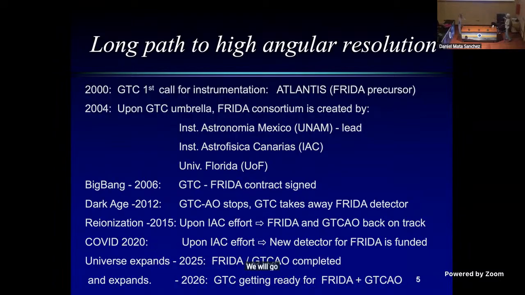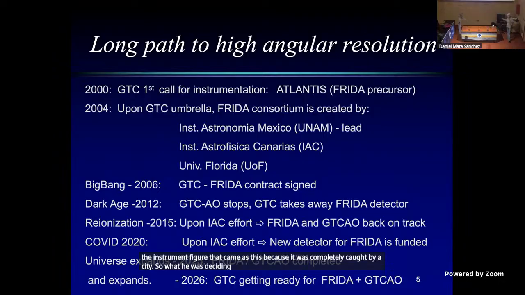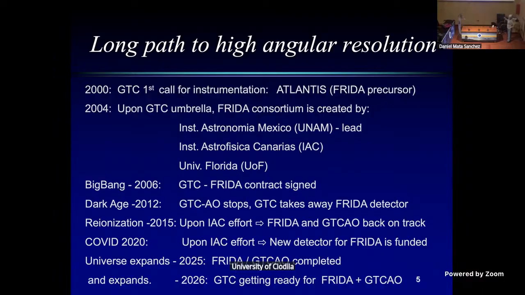Okay, and so this consortium was created. There was no time to develop the instrument FRIDA at this institute because it was completely taken by EMIR and LIRIS. So it was decided that the instrument would be built by the three partners of GTC, University of Florida, the University of Mexico, and this institute.